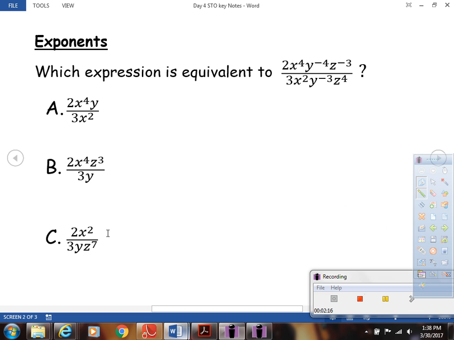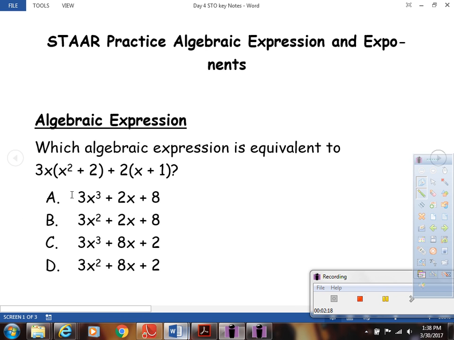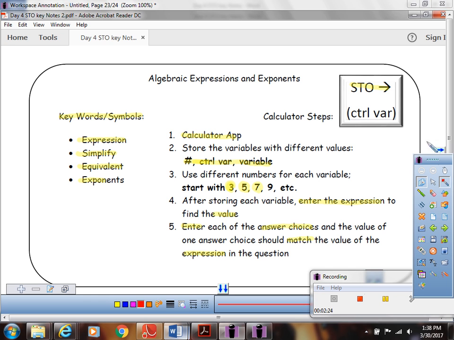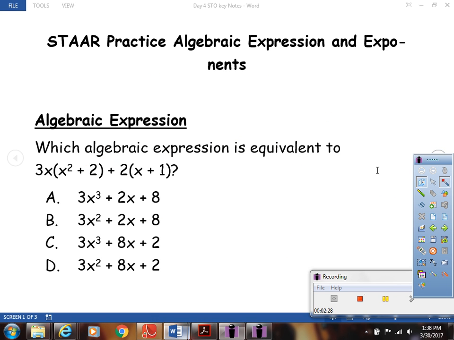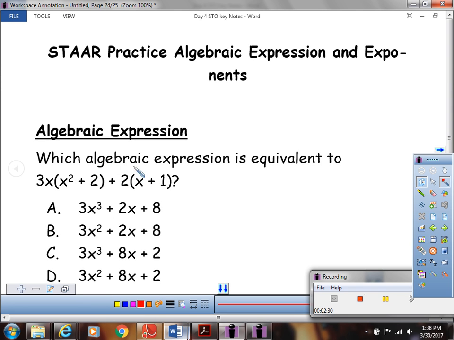So you guys should have this page right here that has your first example. So let's try it. So first of all, we would want to read the problem and circle the keywords. So it says, which algebraic expression is equivalent to, and then they give you the expression. So what are the keywords that you're noticing?